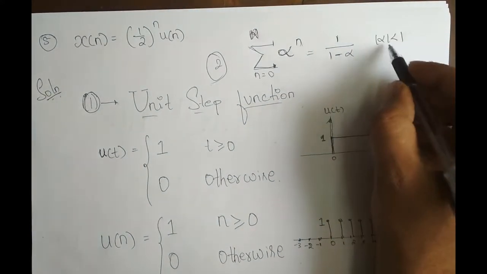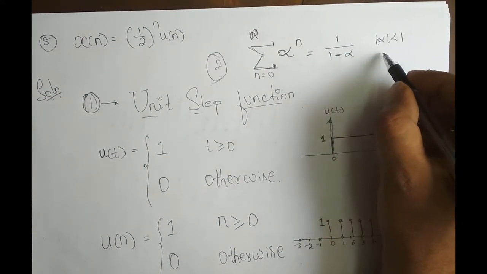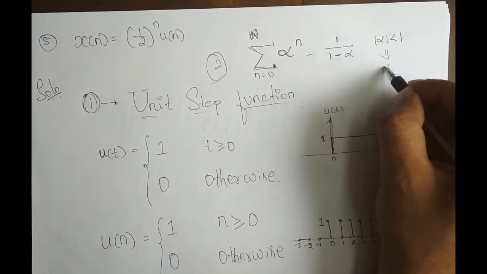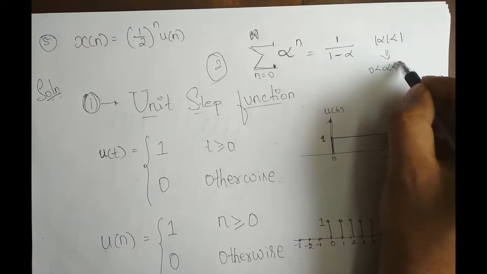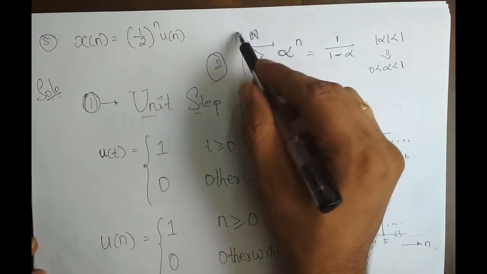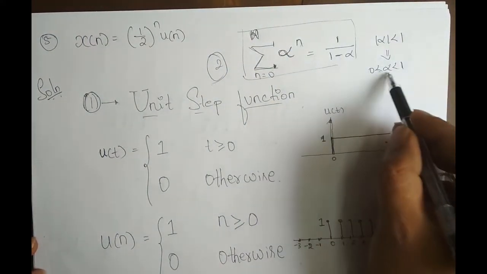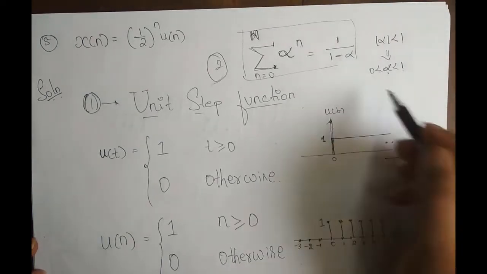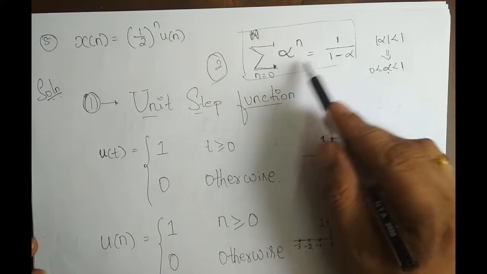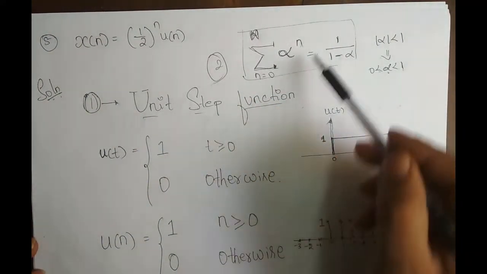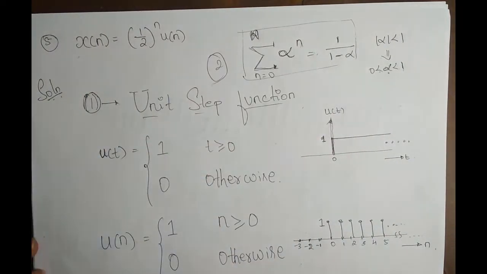If it is confusing, the value of alpha should be between 0 and 1, greater than 0 and less than 1. This condition must hold. If alpha is 2 or greater than 1, then I cannot apply this formula. We are going to use these two results to solve problem number 5.